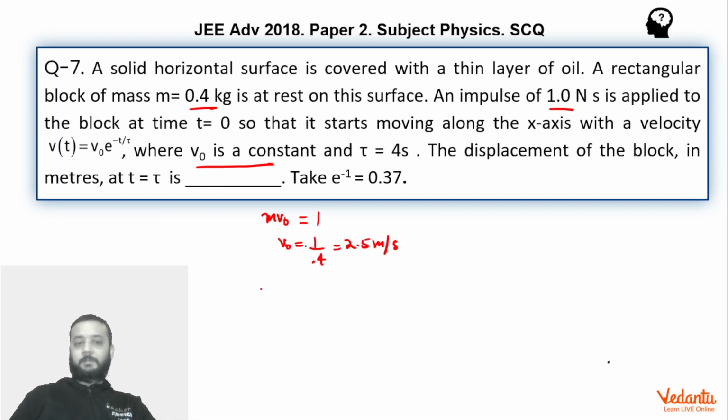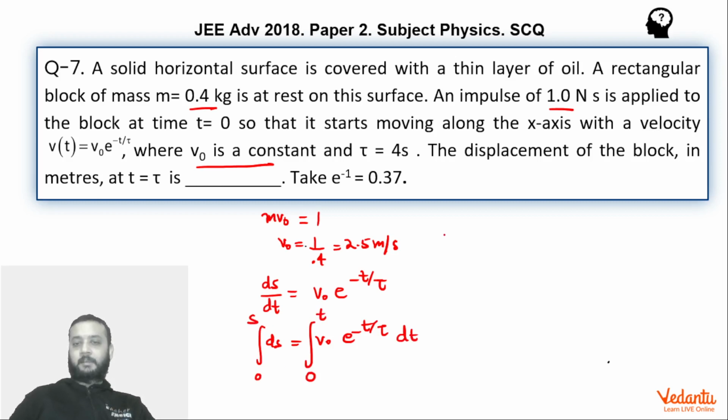Now we can simply say that velocity is given as ds by dt. So ds by dt is nothing but v naught into e to the power minus t by tau. So you can take this dt on the right side and integrate. Fairly easy. At time 0 the displacement would have been 0, and at time t displacement would have become s.